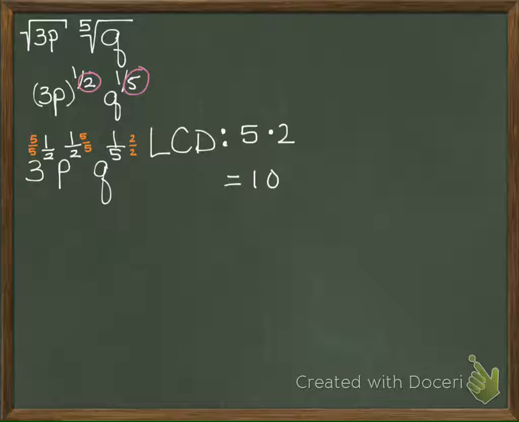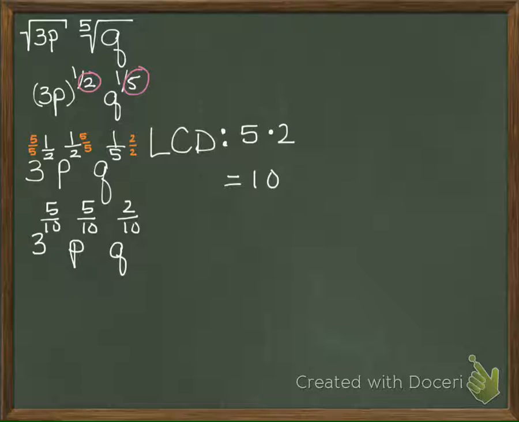That would give me 3 to the 5 over 10, and p to the 5 over 10, and finally q to the 2 over 10.